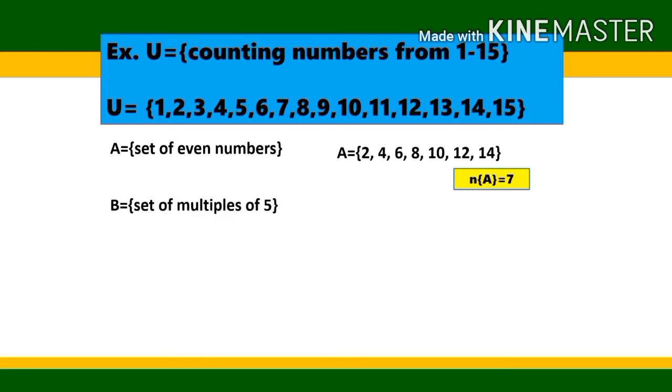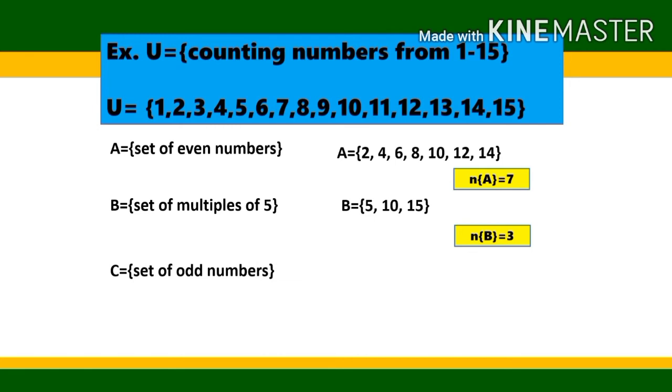Next one, we have letter B, the set of multiples of 5. So we have 5, 10, and 15. And we have 3 elements. Therefore, the cardinality of set B is 3. Letter C, the set of odd numbers.